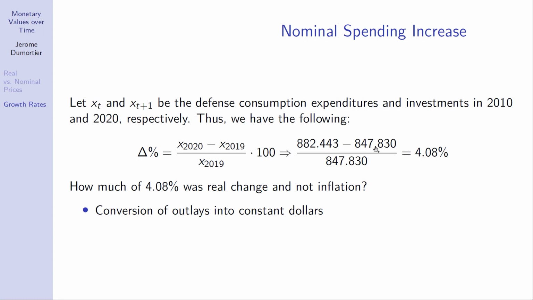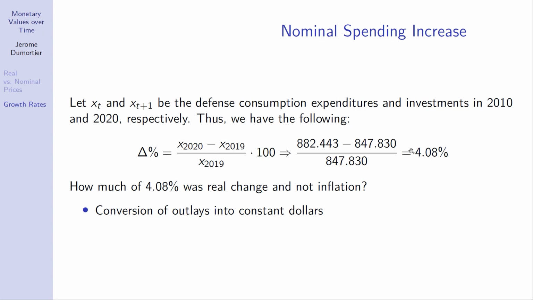When you do the same calculations for the defense spending increase from $847 billion or $848 billion to about $882 billion, you see that the defense spending in nominal terms has increased by 4.08%. However, we have the nominal spending increase of 4.08%, but at the same time we also had a price increase.